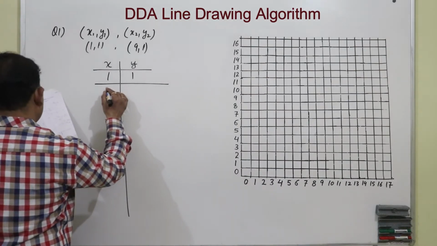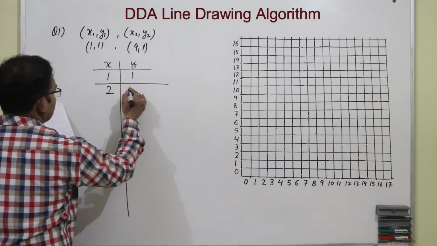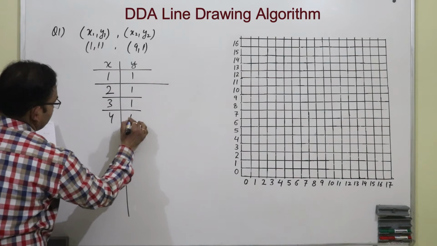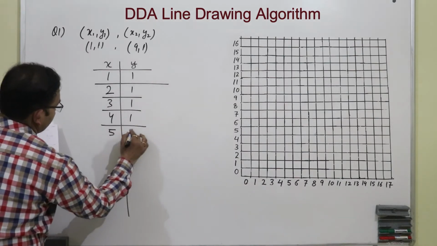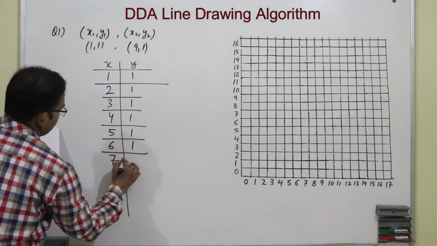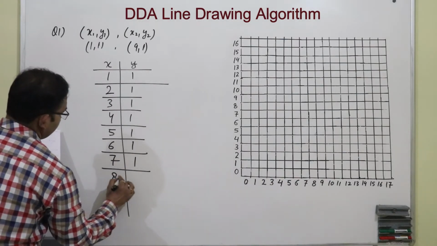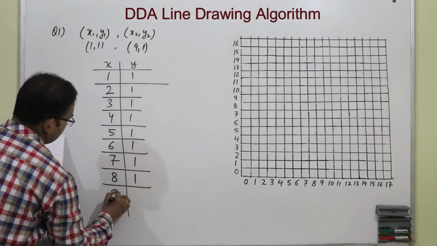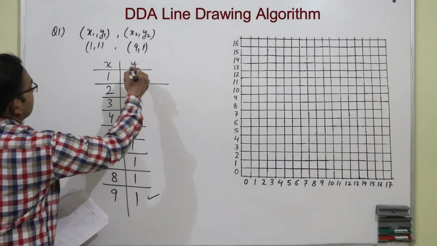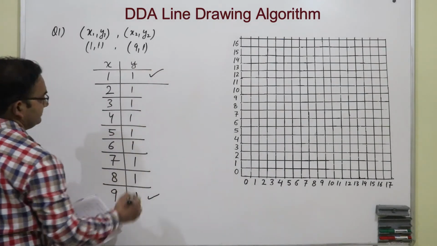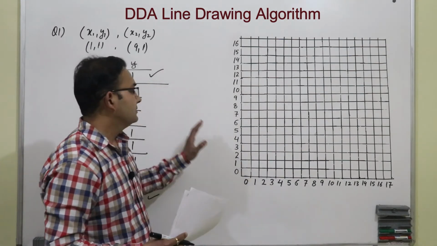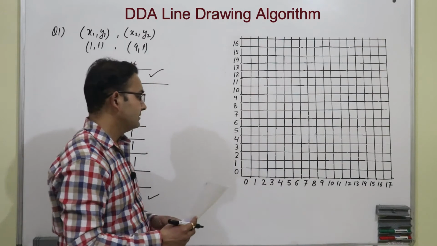So, it will be 2, 1, 3, 1, 4, 1, 5, 1, 6, 1, 7, 1, 8, 1, 9, 1. So, 9, 1 is the last coordinate and it is initial coordinates. Now, we will locate these points on this screen.